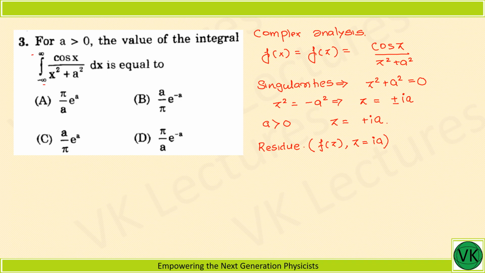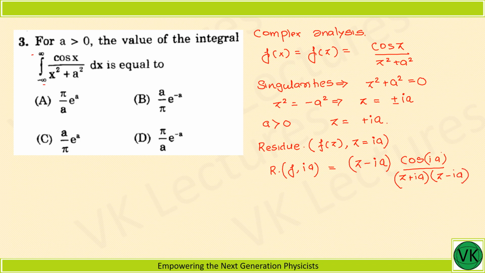So that's given by residue of the function f at ia is equal to z minus ia times the function f of z, that is cos of ia divided by z plus ia into z minus ia.